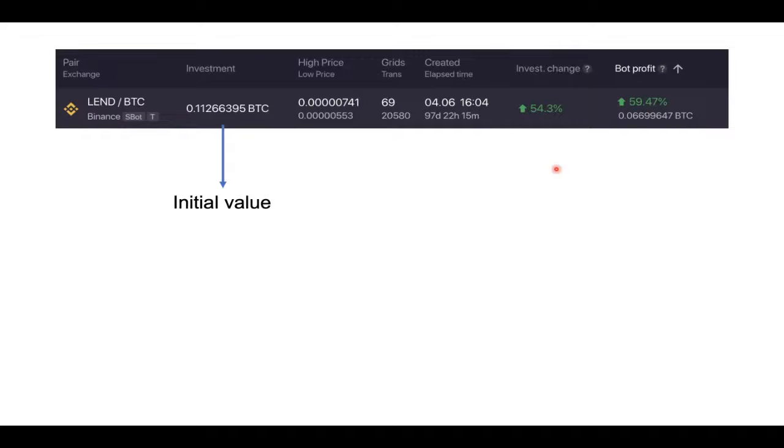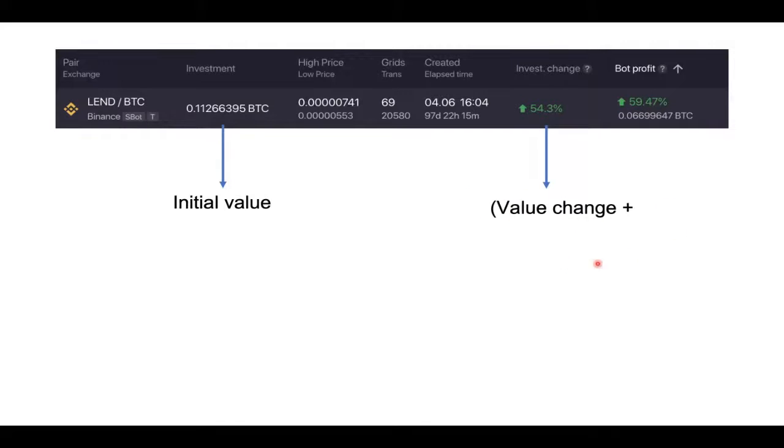So here's the example of LEND trading to Bitcoin with the investment of 0.11 Bitcoins. So that's the initial value. That's the money you put into this bot. And you see that the investment change so far is 54%. All right. So that's the value change. The investment change consists of the value change.